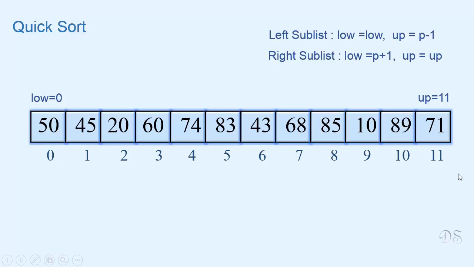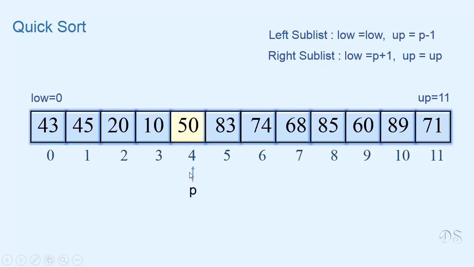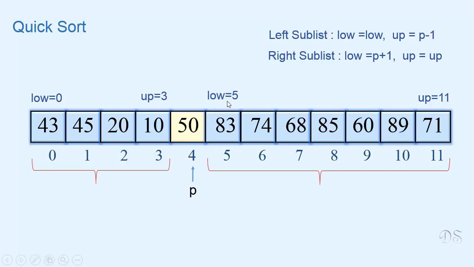The list is rearranged such that this 50 comes at its proper place. After this, it is divided into two sublists. For this sublist, low is 0 and up will be equal to P minus 1. So up will be 3. For this sublist, up will remain same and low will be equal to P plus 1. So low will be 5 for this list.